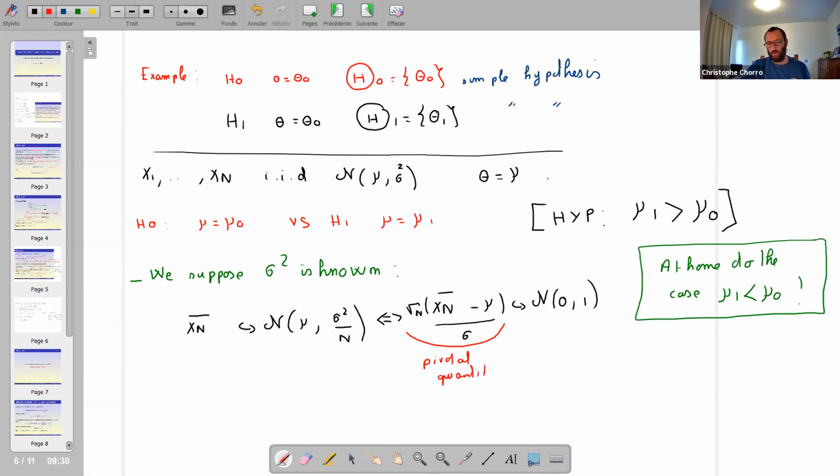It's a random variable independent of the parameters of the model. Here you have something with mean 0 and variance 1 that doesn't depend on mu, and even on sigma square, even if here sigma square is known. If sigma square is known, it's not a problem to depend on sigma square.